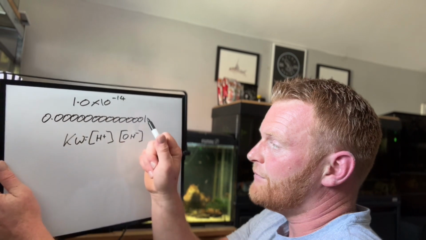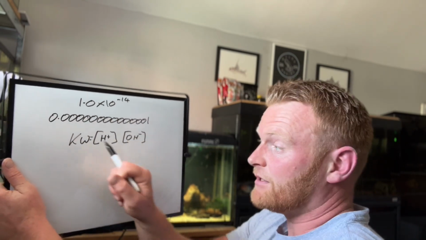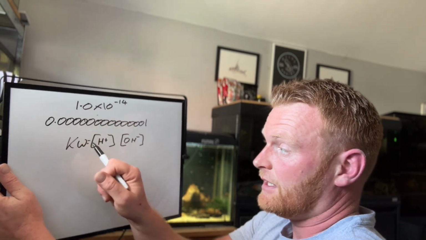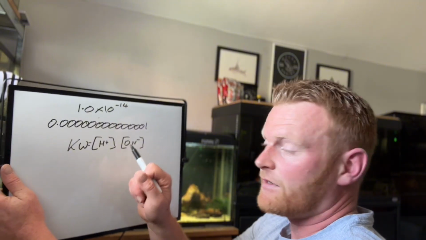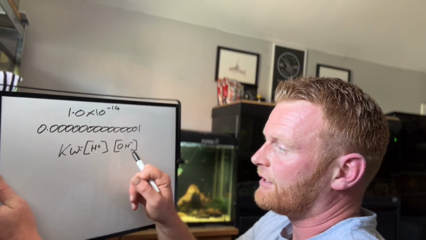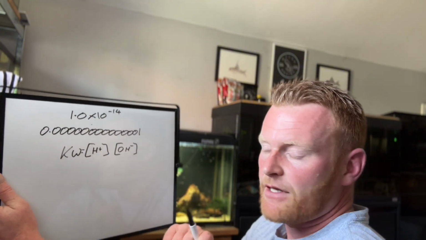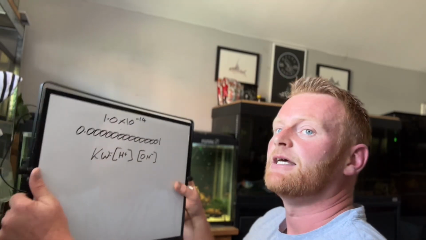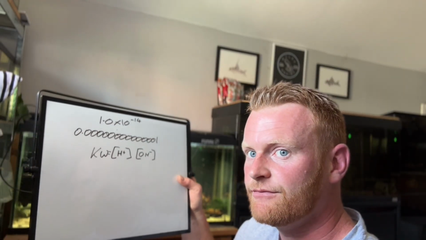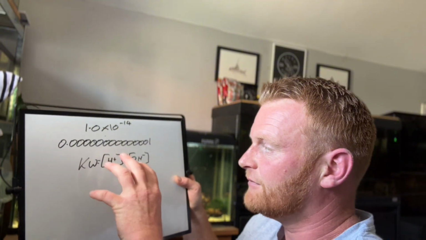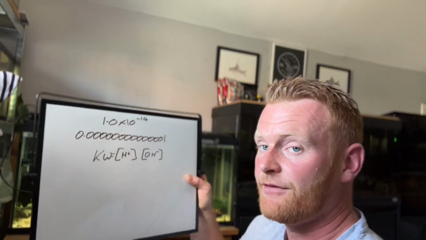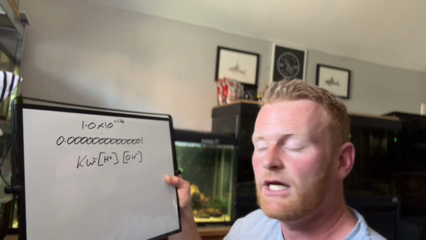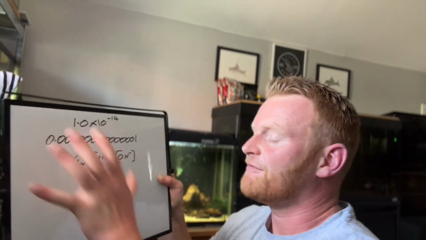Now, Kw is this equation, and 2 elements have made up that number. For those 2 elements to make up that number, they must be in equal value. So to find neutral pH, all we need to do is find the halfway point.